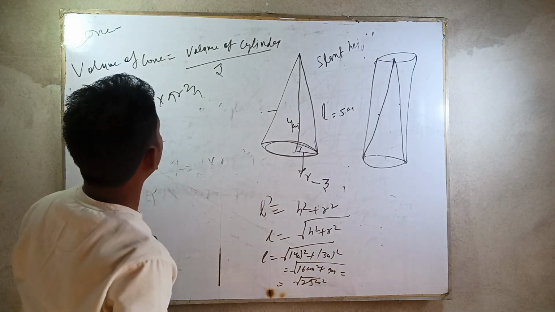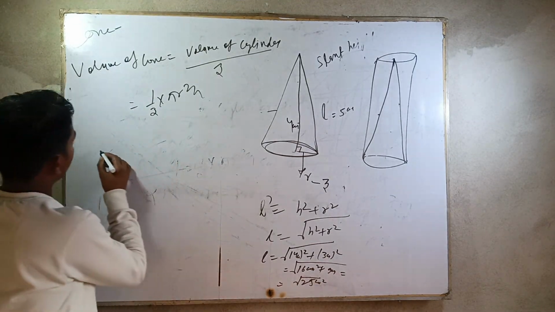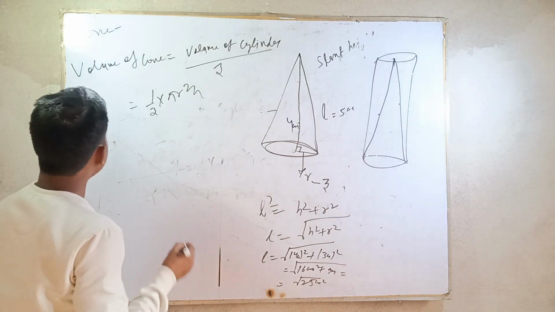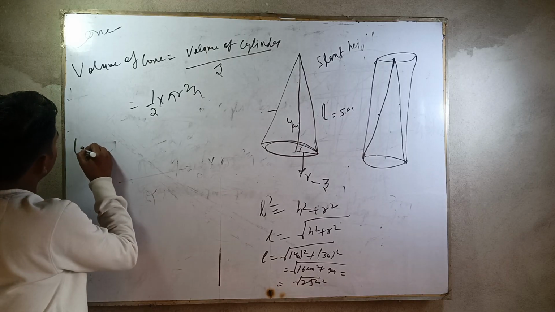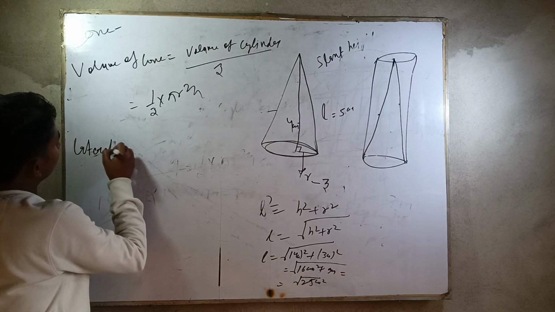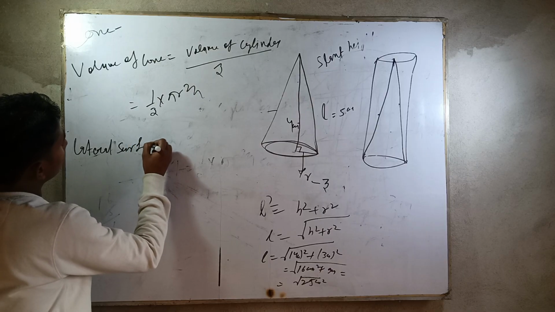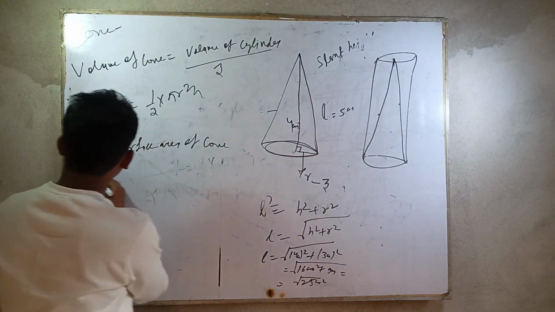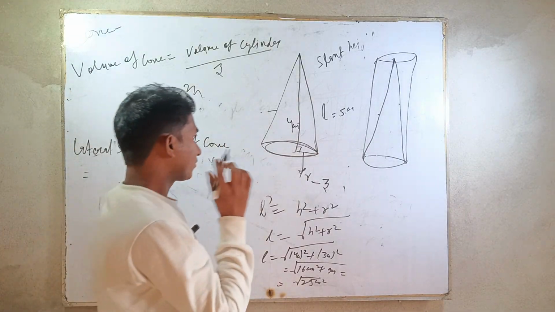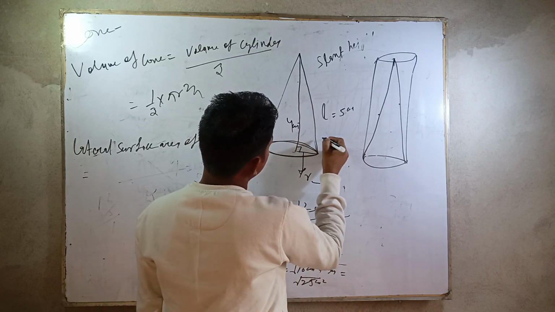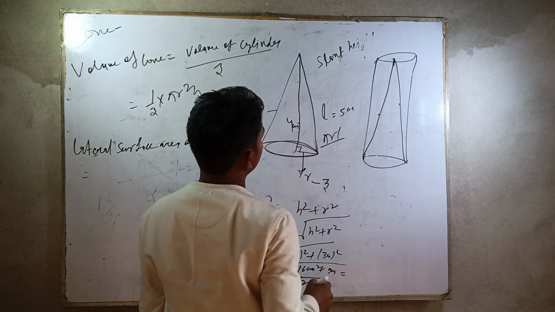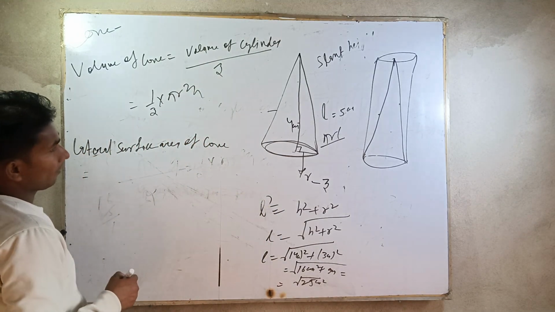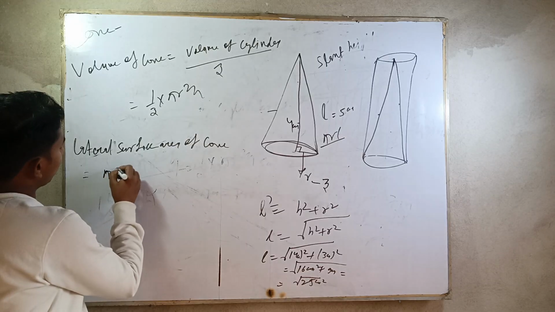So this one is the volume of the cone. If I put the value of 1 by 3, then you will see its value come out. Next, the lateral surface area of the cone equals pi r l.